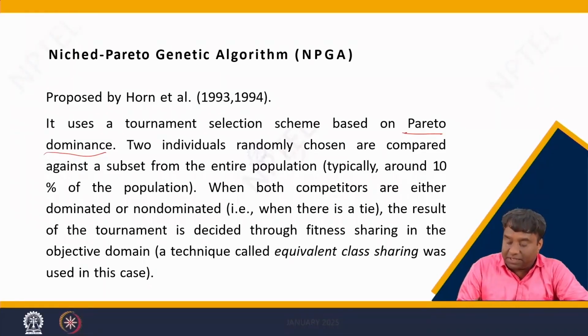When both competitors are either dominated or non-dominated, that is, when there is a tie, the result of the tournament is decided through fitness sharing in the objective domain. That is a technique called equivalence class sharing, which is used in the case of NPGA.